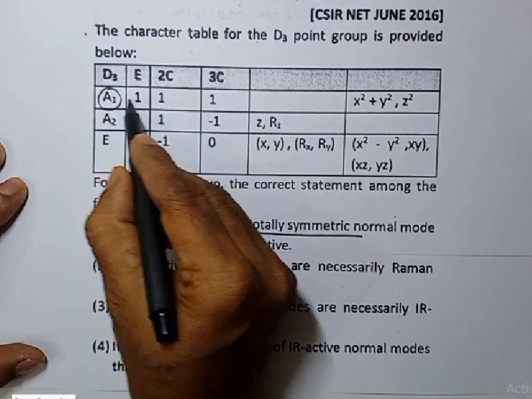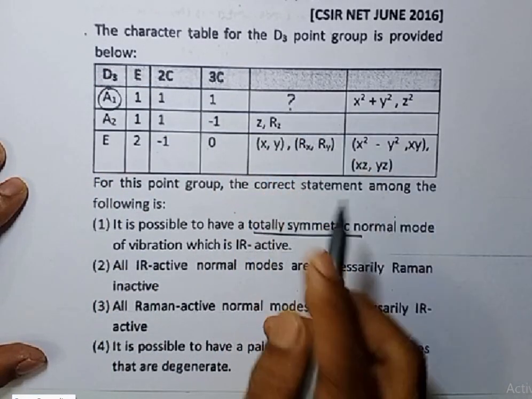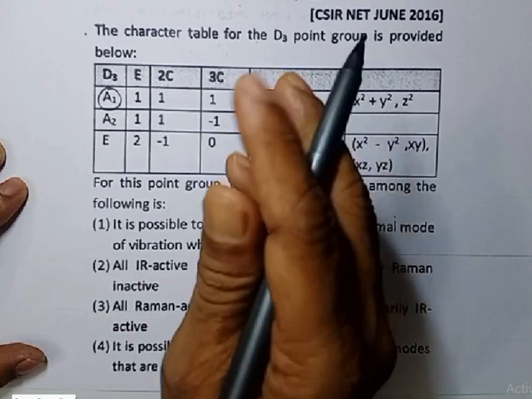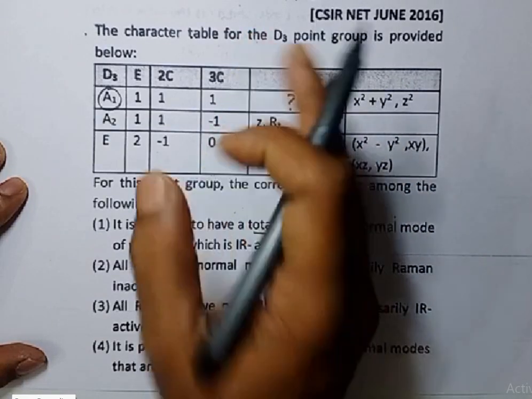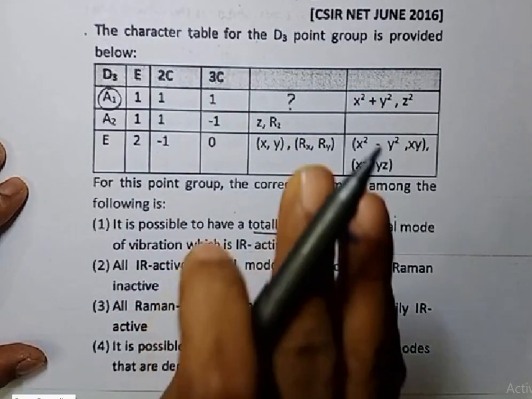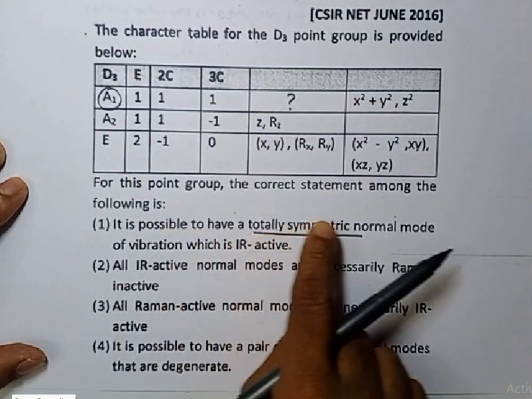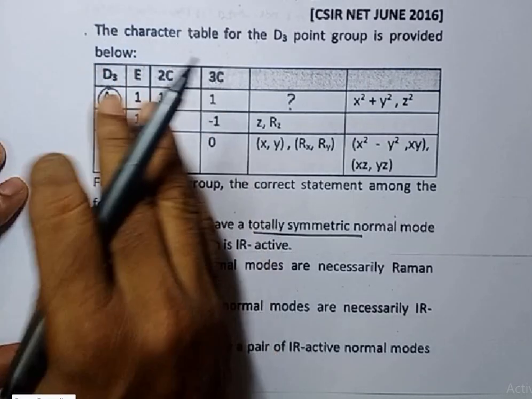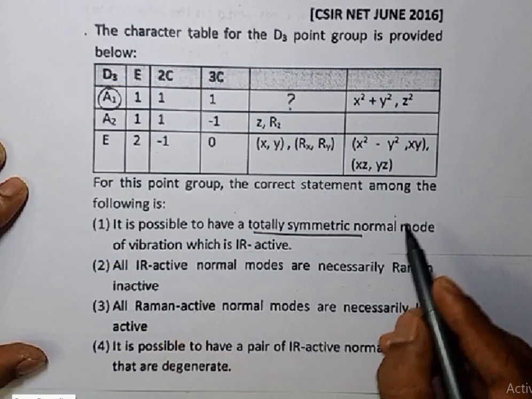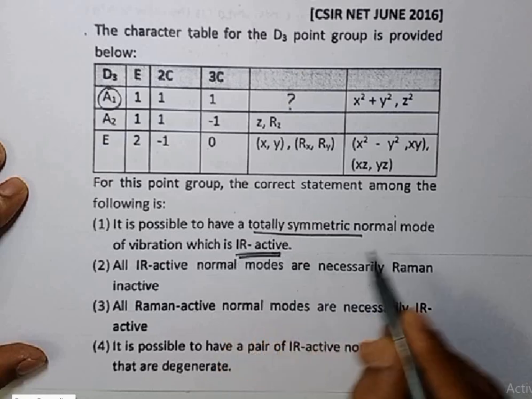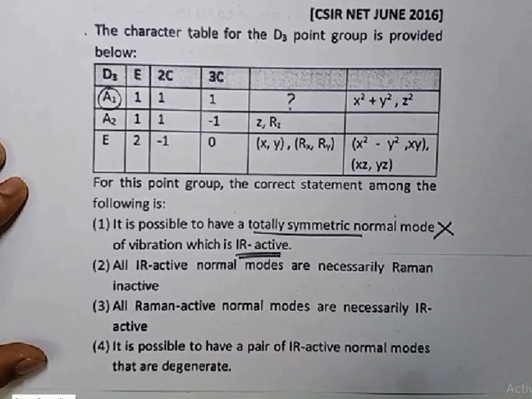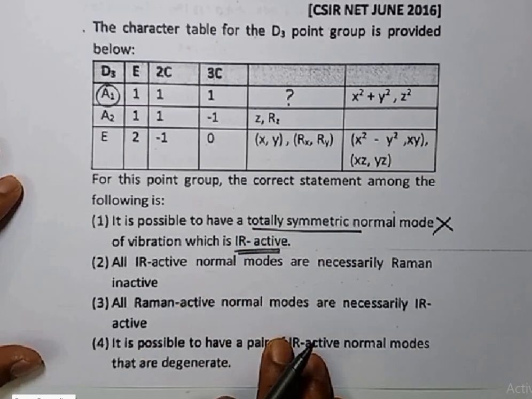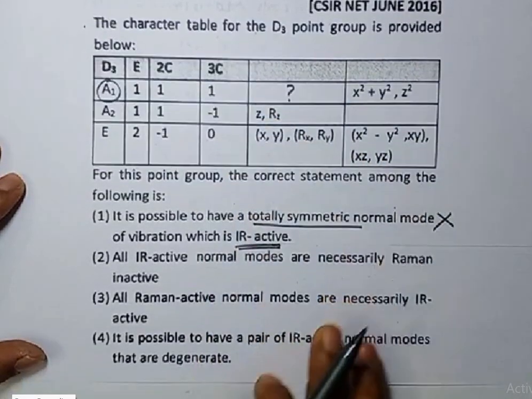But in totally symmetric irreducible representation, in area 3, there is no X, no Y, no Z. Which means if any normal mode of vibration belongs to A1, it cannot be active in IR. It is IR inactive, but it is given IR active. Therefore, this statement is a wrong statement. It should be IR inactive because there is no X, no Y, no Z.